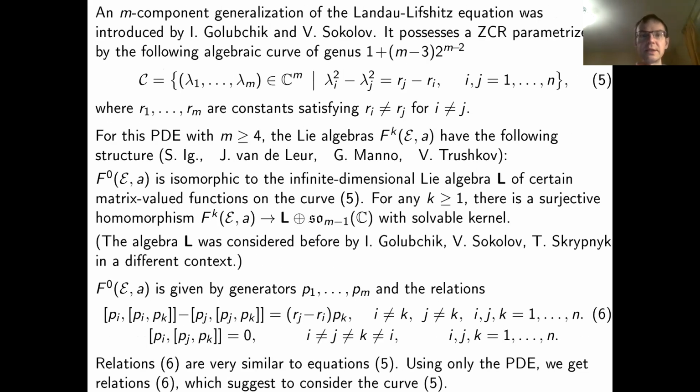At least this term does not come from the standard zero curvature representation. So we see that in the structure of those algebras, one can see not only the standard zero curvature representations, but also some new non-trivial terms, which are non-solvable. So this algebra is not solvable.